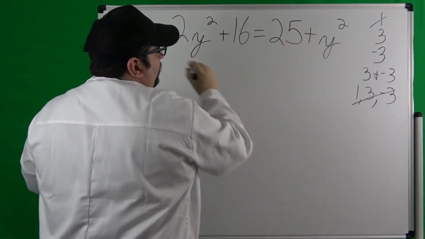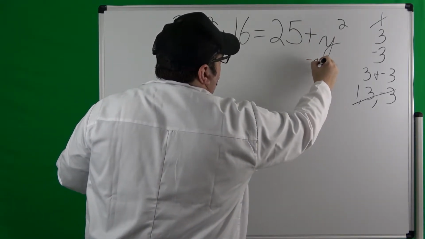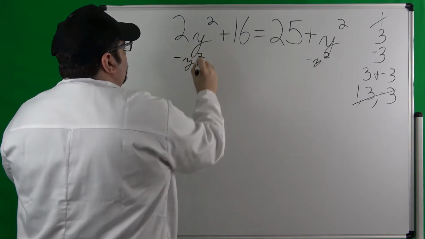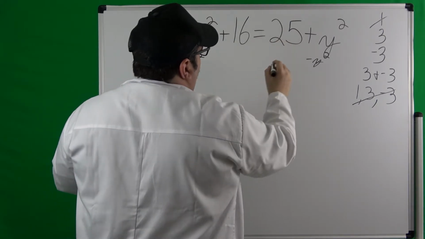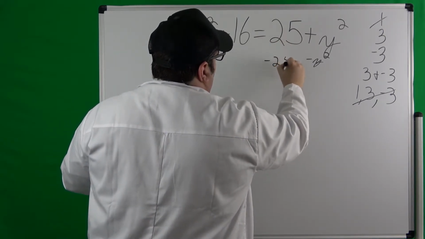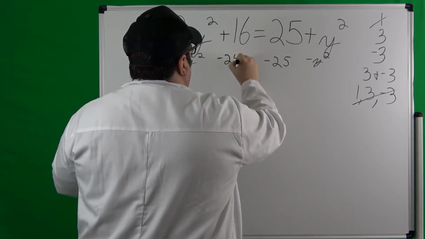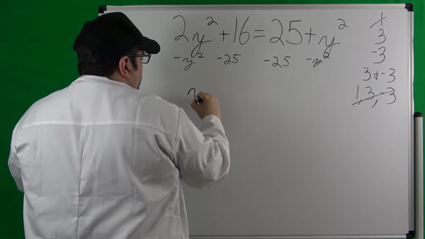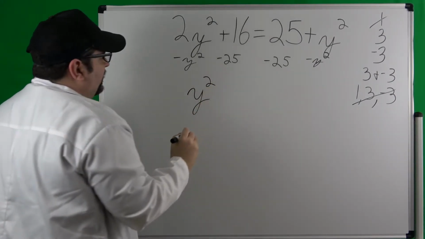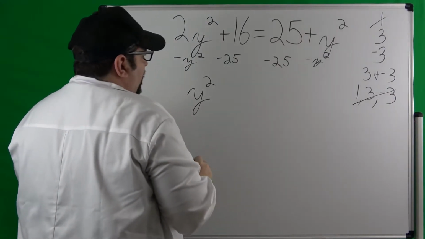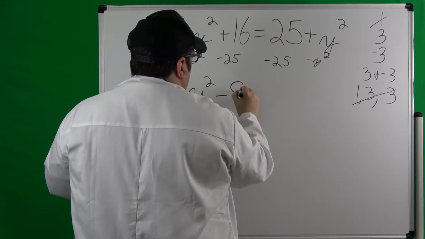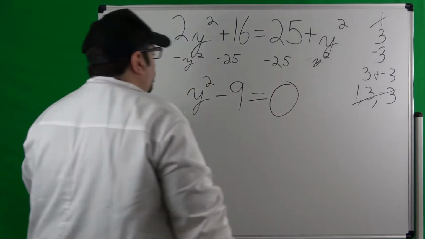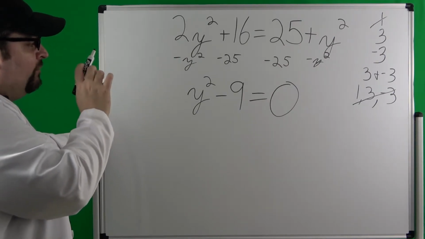So we'll bring it over here, minus y squared, and we'll go ahead and bring this 25 over also. 2y squared minus y squared is just 1y squared. Ooh, we like that. What's 16 minus 25? -9 equals 0.